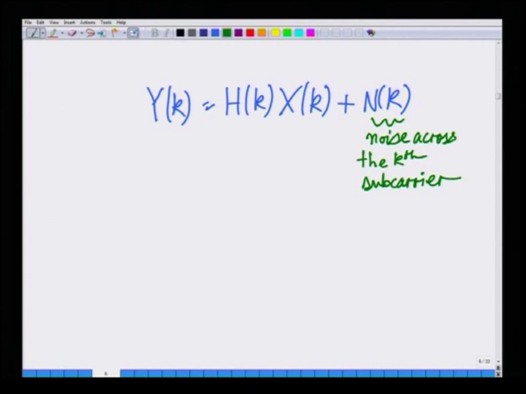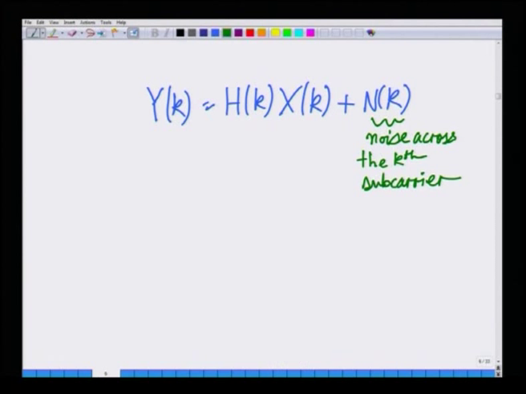Now remember, xk has the effect of hk, similar to a flat fading channel.